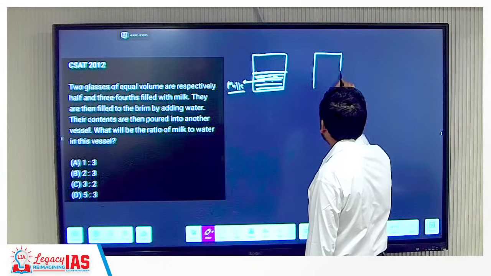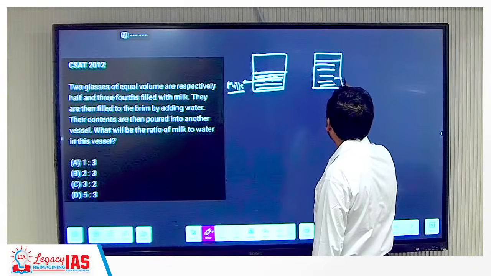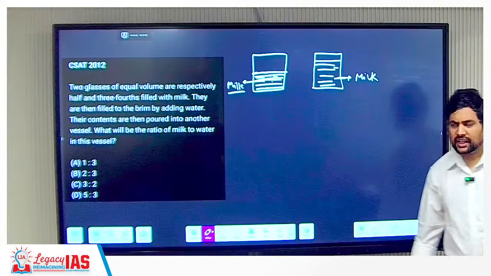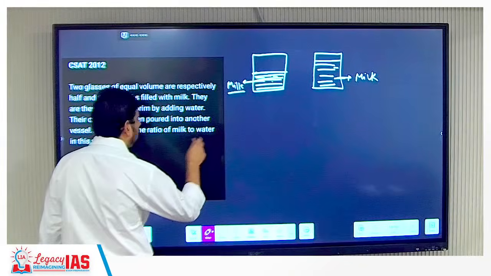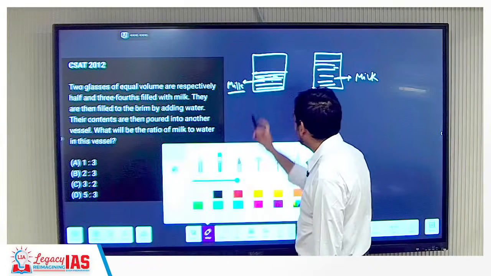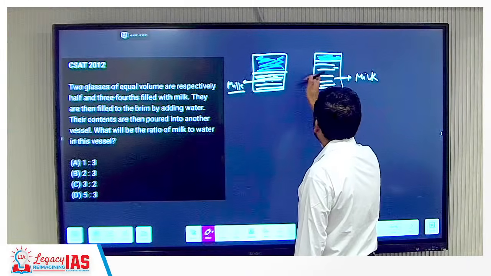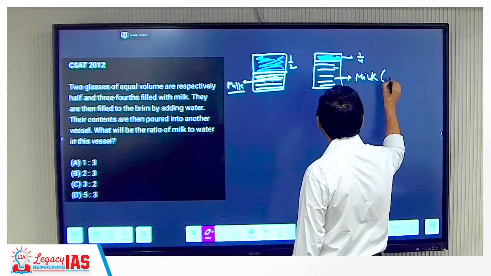They are of equal capacity. I'm drawing them approximately equal. So this is again milk. Now it says they are then filled to the brim by adding water. So I add water like this. So half is water here, and here 1/4 is water.